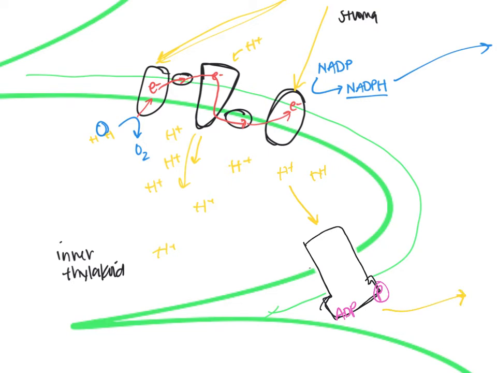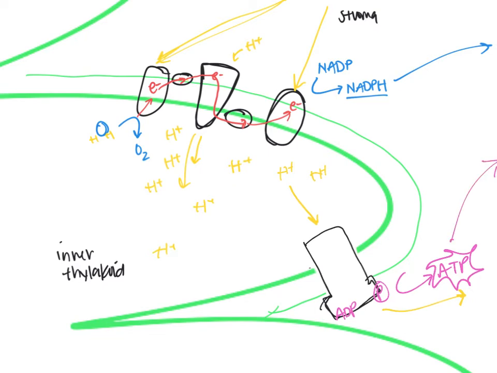Every time they go through, kind of like in cellular respiration, we're going to combine ADP plus P, generating ATP, our high energy molecule. So we're generating ATP here, and this energy is going to go to the Calvin cycle as well. I'm going to draw an arrow shooting it off to the Calvin cycle.